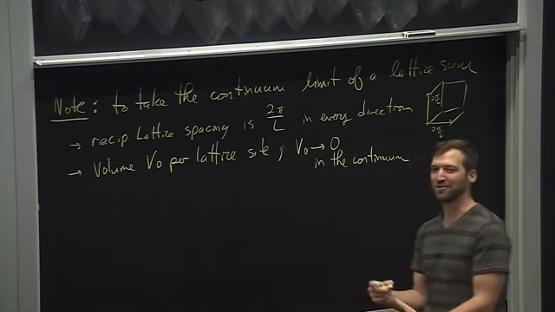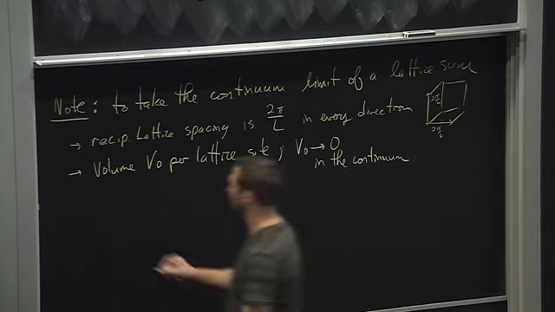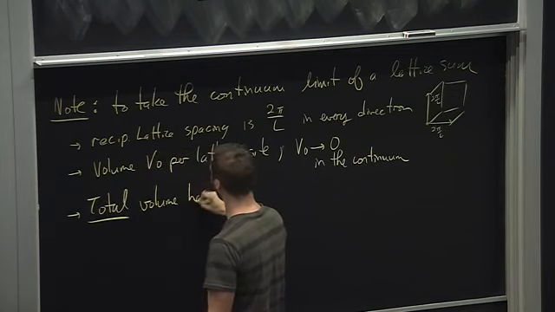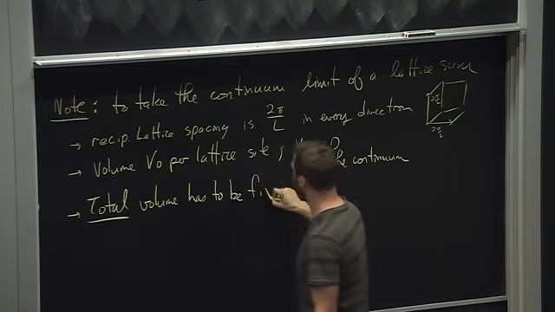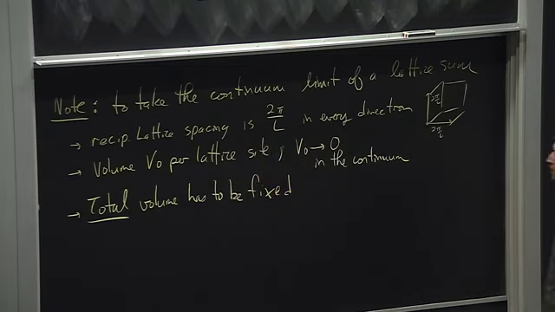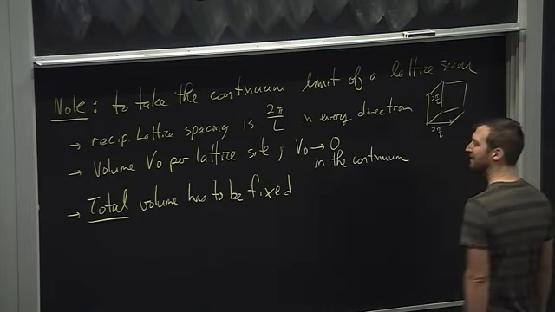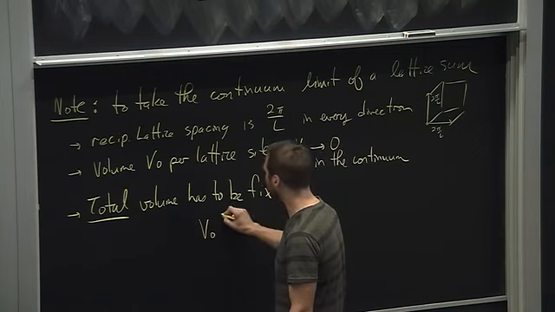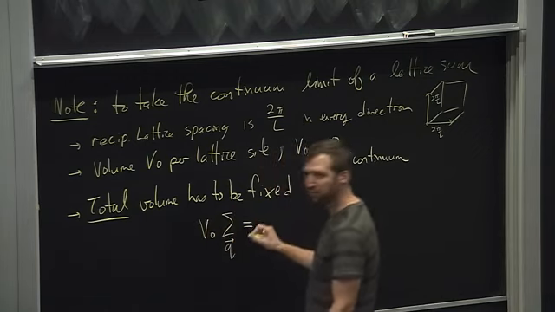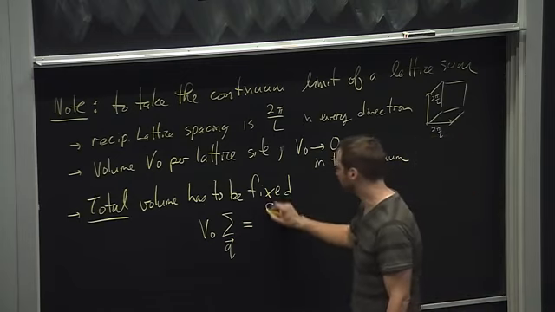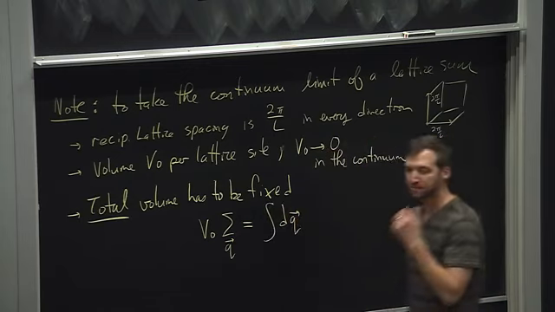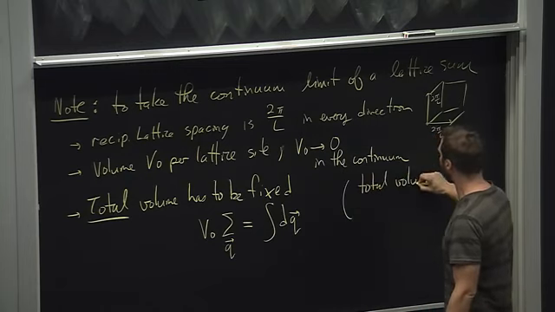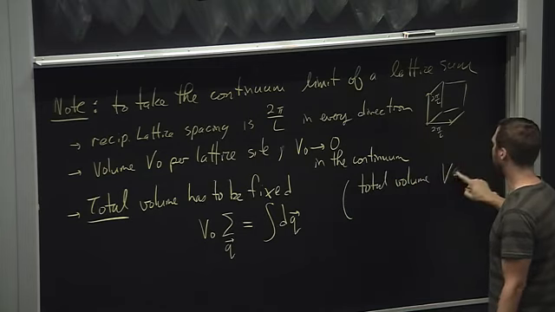You're not shrinking your sample down to 0, right? I always forget how to do this. So you have reciprocal lattice spacing, defines a volume. The total volume has to be fixed, so that V naught, say in Q space, times the sum is equal to that integral, dq. So total volume, say V, in 3D it's just L cubed, say.